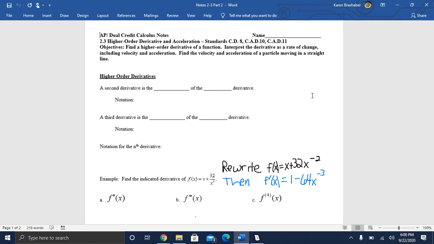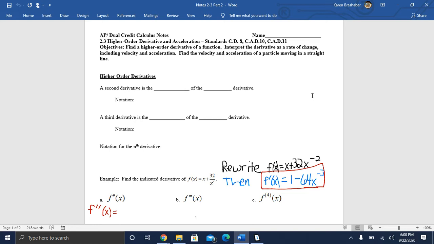All right, so now we're ready to work on what I asked for. So the second derivative, again, your notation's very important. So you're doing f double prime of x. And now we can do the derivative of 1. So we're looking here at the derivative of this first derivative. Well, the derivative of 1 is 0.